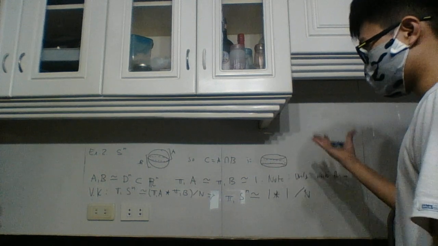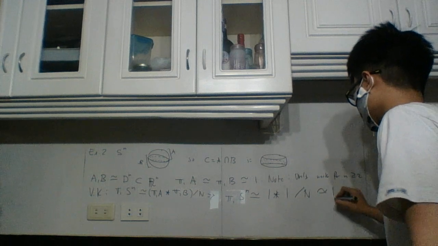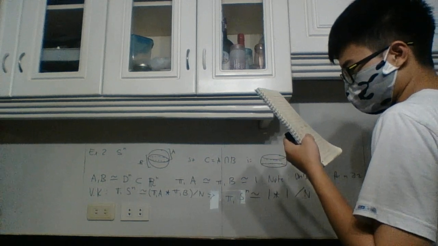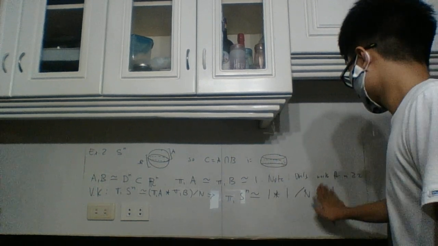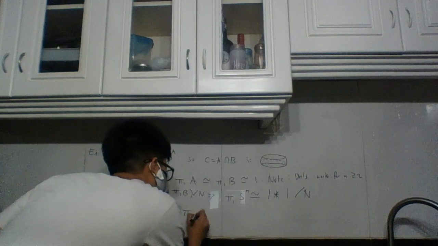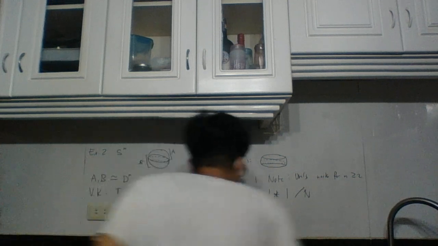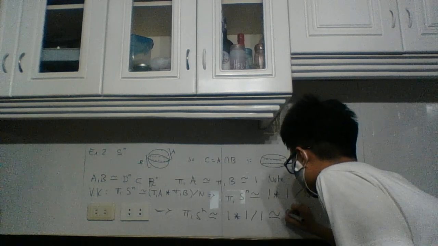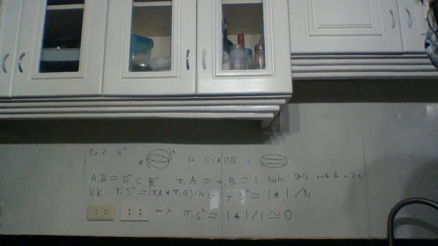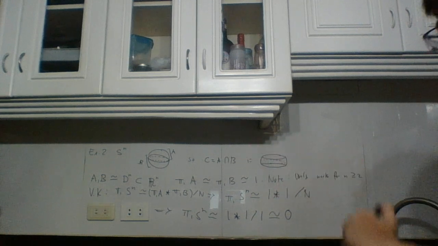It could be some other subset that's not C, but kind of like C. And all that is just isomorphic to 1. This implies that pi 1 of Sn is isomorphic to 1 star 1 mod 1, which is isomorphic to the trivial group. So the fundamental group of Sn is trivial for n greater than or equal to 2.